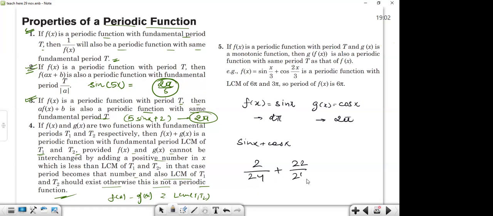If we have to solve this, what will the LCM be? It is 2 pi. Yes, so the LCM of 2 pi and 2 pi will also be 2 pi. So now the new function's fundamental period is also 2 pi.